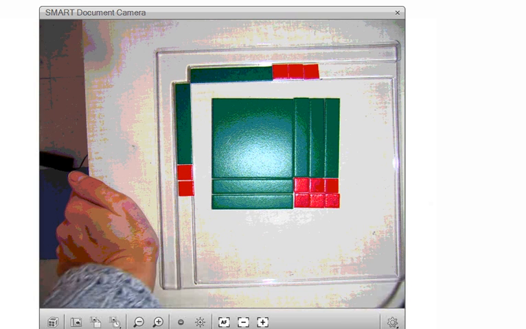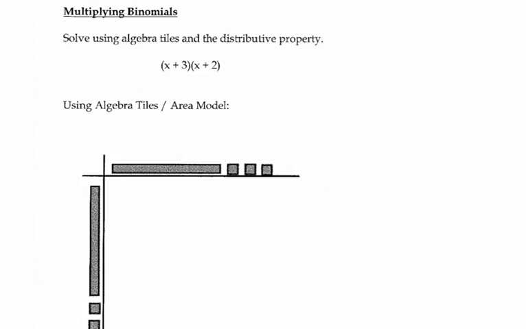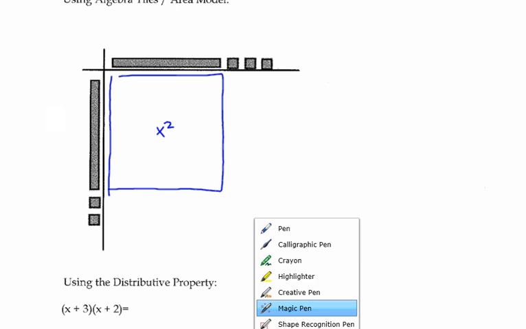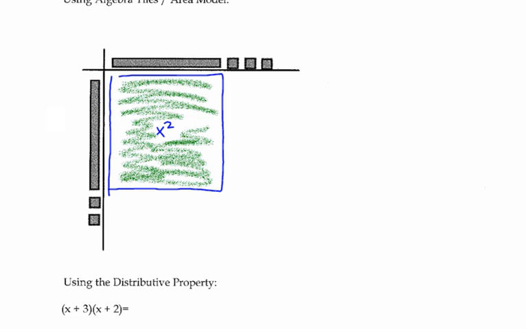So let's draw that on your piece of paper. On your piece of paper, when you have an x times an x, that gives you an x squared. And if you have a pencil, you can shade it in. I usually use crayon. There you go. So that was the x squared tile. Shade that in to show that it's positive.